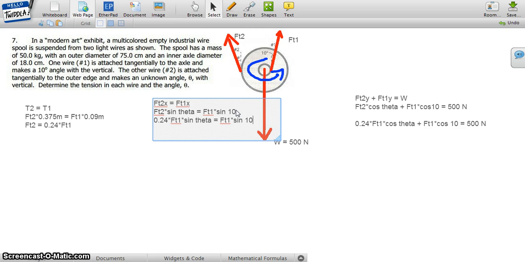I can divide both sides by Ft1, and I get that sine of theta must be equal to sine of 10 divided by 0.24. So that means that theta would be equal to 46.3 degrees.